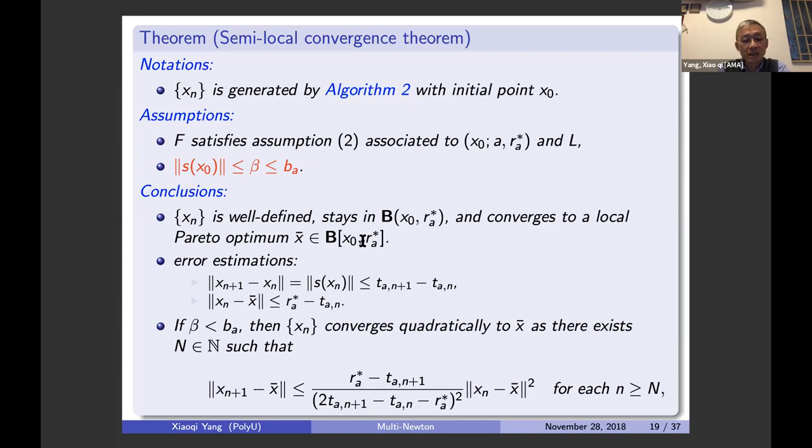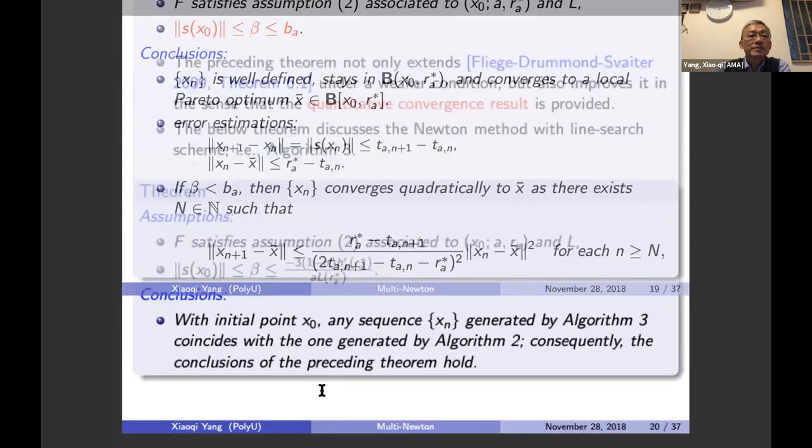This is the semi-local convergence. With some more conditions, we can also guarantee quadratic convergence.